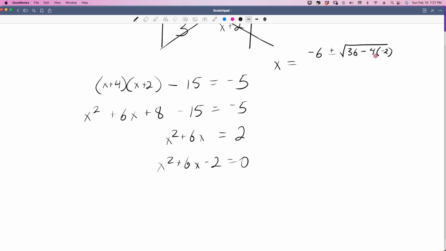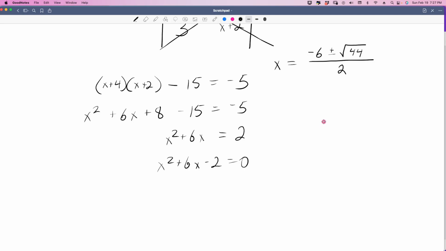So that would be positive 8, and 8 plus 36 would be 44, all over 2 times a, which would be 2.